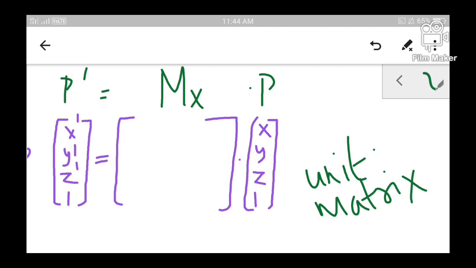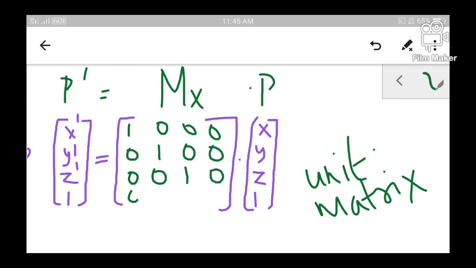So first let us write the unit matrix. I am going to write 1, 0, 0, 0. Second row 0, 1, 0, 0. Third row 0, 0, 1, 0. Fourth row 0, 0, 0 and 1.